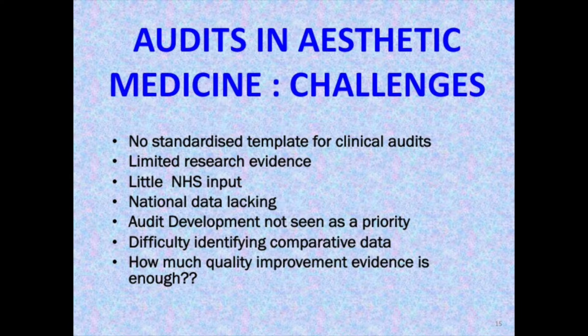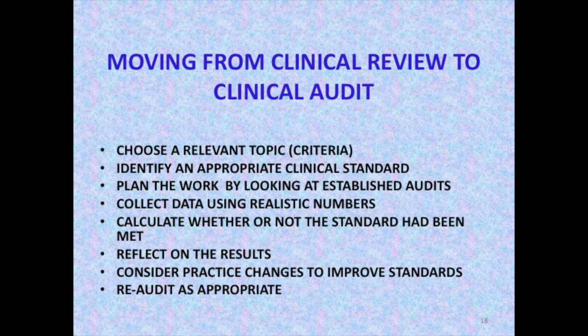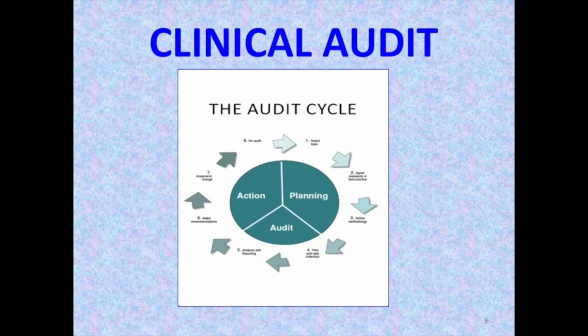For your own practice, you may well have been providing clinical reviews for some time, so the next step would be moving from a clinical review to a clinical audit. In order to do this, you need to choose a relevant topic, which is the criteria, and then from this identify an appropriate clinical standard.